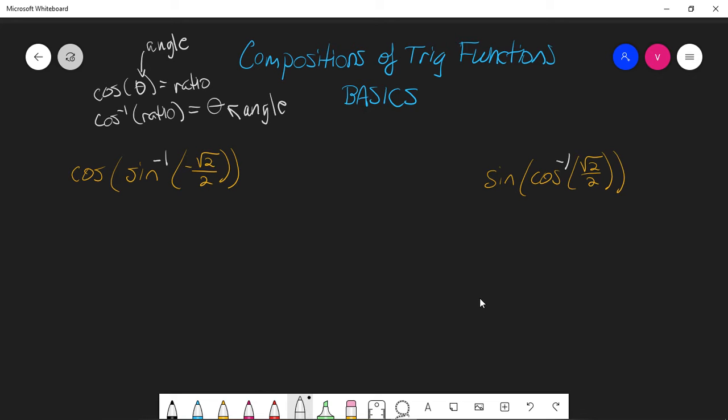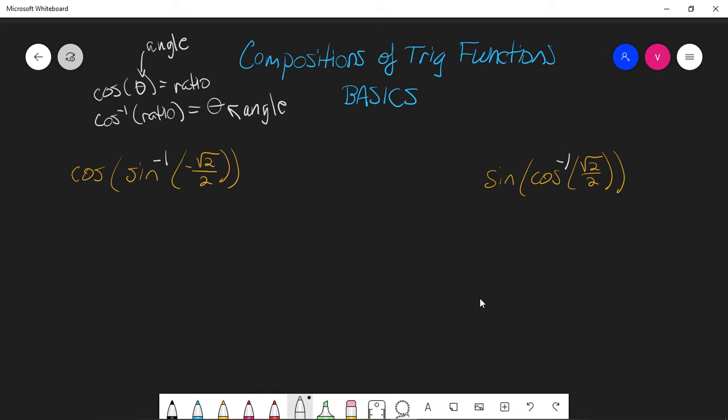And not only that, but the ratios are changing depending on what function you have. For sine, ratios anywhere for the answer or for the input will be opposite over hypotenuse. For cosine, it will always be adjacent over hypotenuse, and tangent is opposite over adjacent, etc.